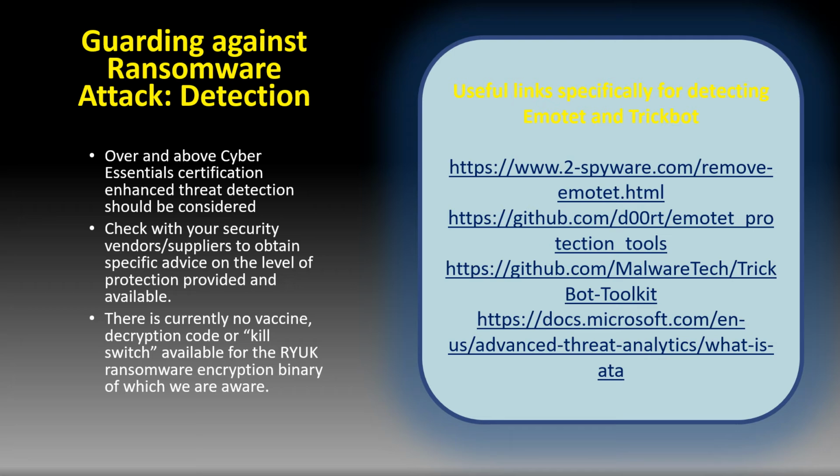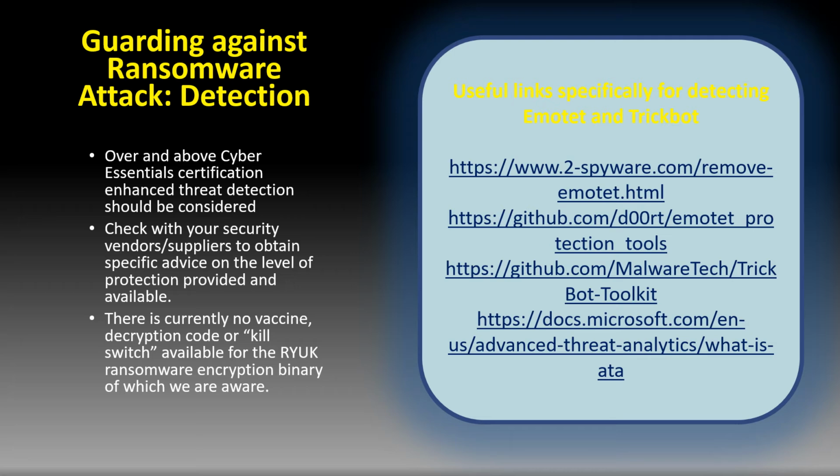To help detect and protect against Emotet or TrickBot activity, which are the precursors for most RYUK attacks, the following links may be useful, but are included as examples rather than guaranteed sources of detection or resolution for your particular enterprise or estate. If you have the appropriate licensing within the Chest Select agreement, Microsoft offer analytics tools which work with Azure as an on-prem solution, and the link is provided here as well.